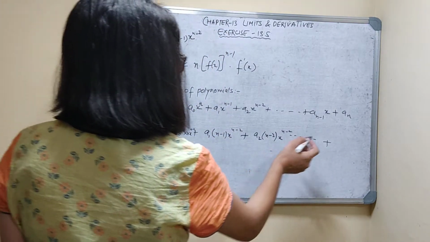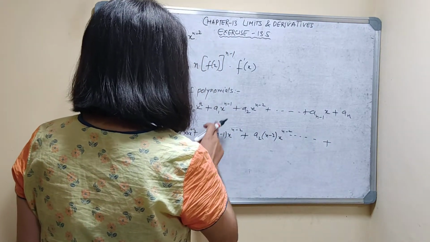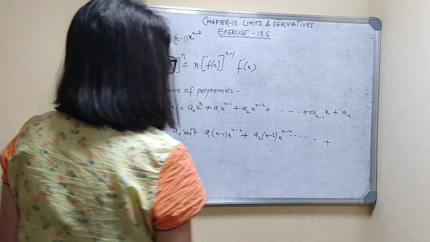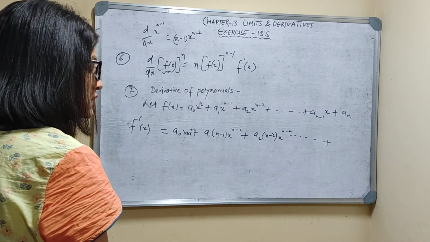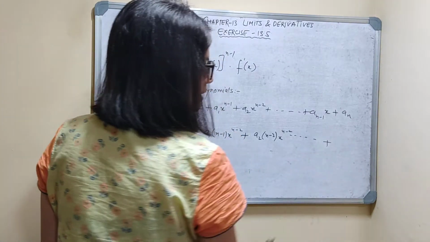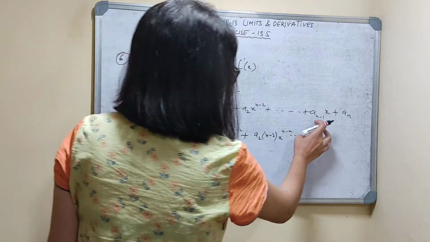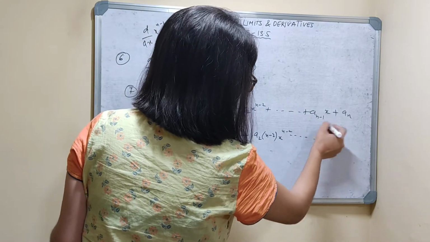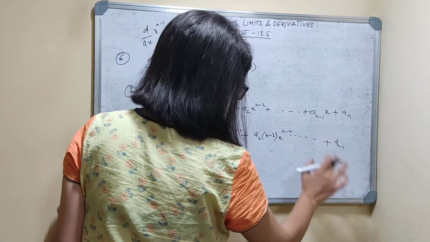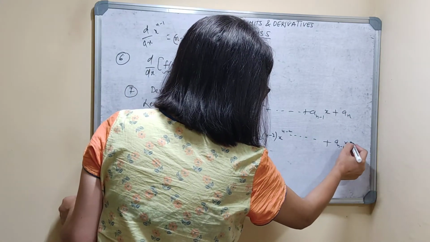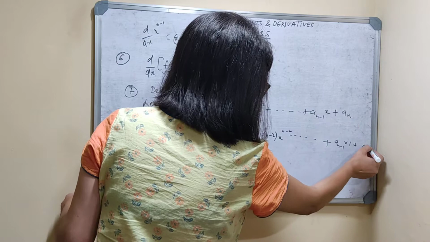Clear. So here the last term is a n, a constant only. That term, d by dx of a n, will be 0. This term will be d by dx of this, so it will come a n minus 1, d by dx of x is 1, so into 1, plus d by dx of a n.